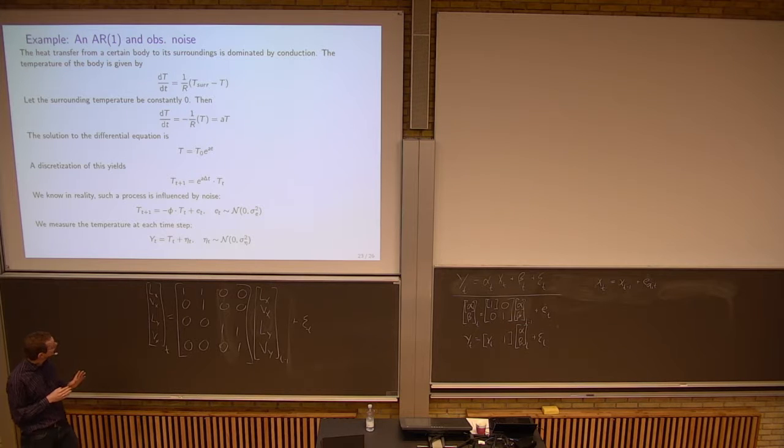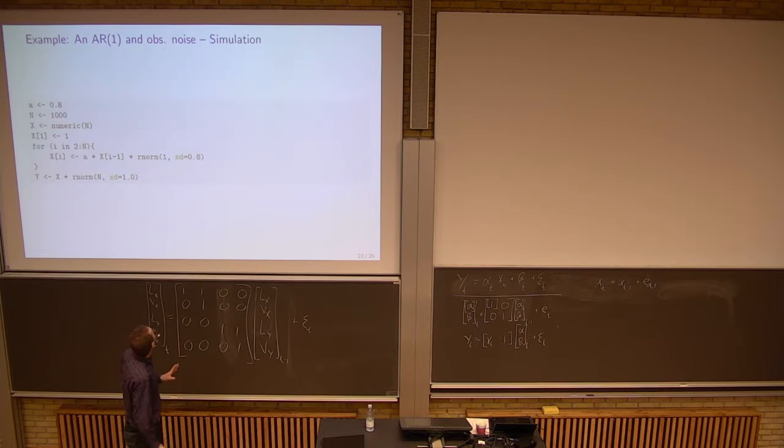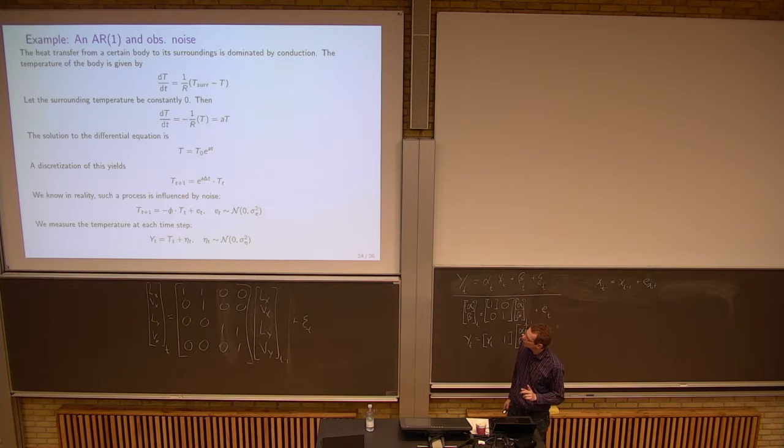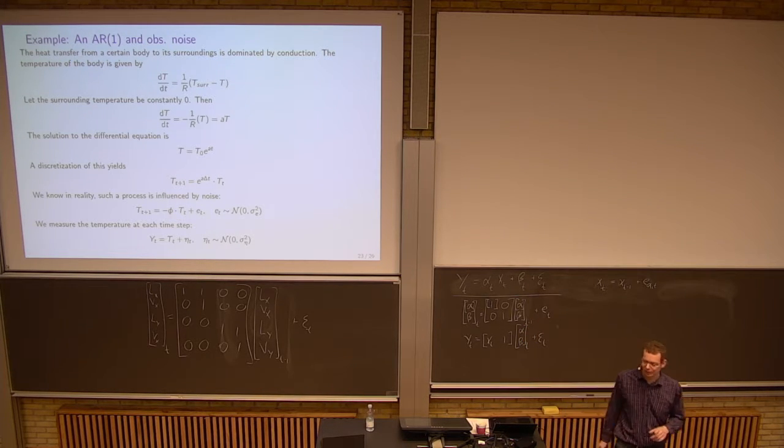So let's take this model, and if we, just for fun, simulate this, then we get this. But let's go back to the model. Which ARIMA model does this represent?